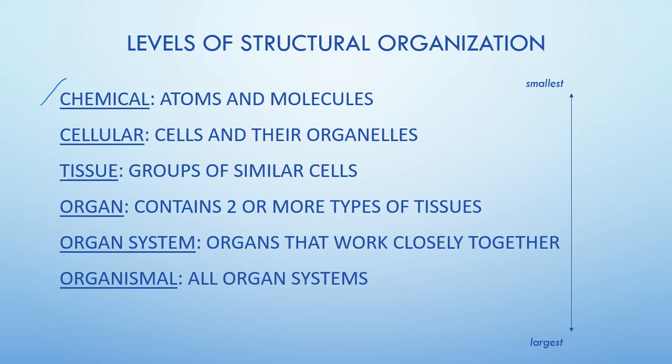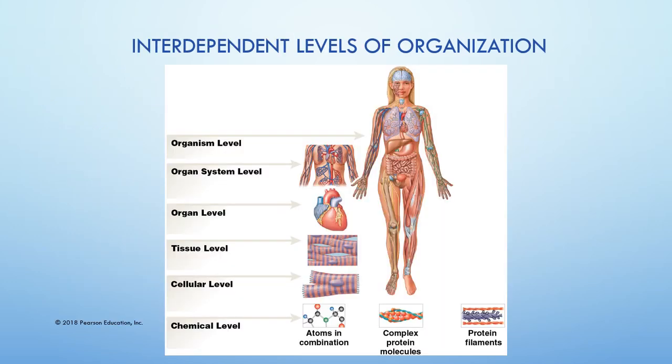When we put two or more tissues together, we end up getting an organ. And when we put together organs that do similar functions, we then have an organ system. All of the different organ systems together make up the entire organism itself. So we have this level of structure going to more and more complex, making our way all the way from the atomic level up to the entire organism.